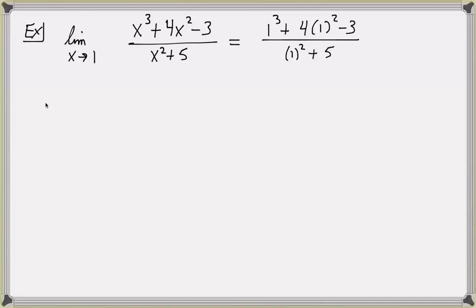This simplifies to 2 over 6, which further simplifies to 1/3. So by direct substitution, we don't have to evaluate this limit using every single limit law that was possible. We can now just use this consequence of the limit laws called direct substitution to evaluate this limit.